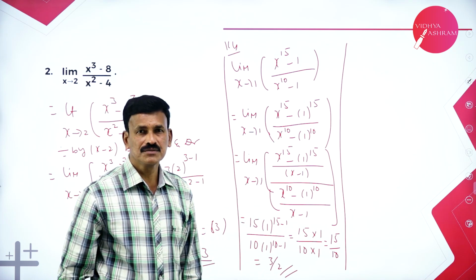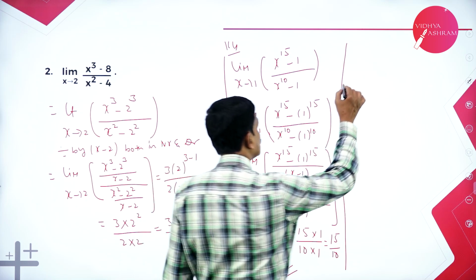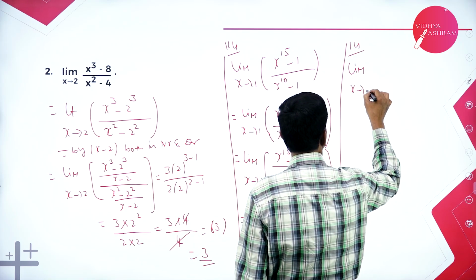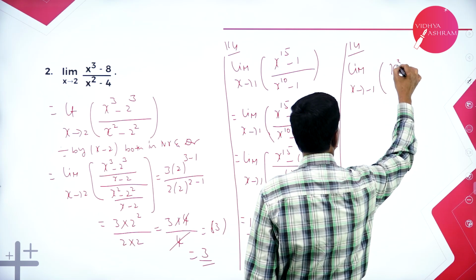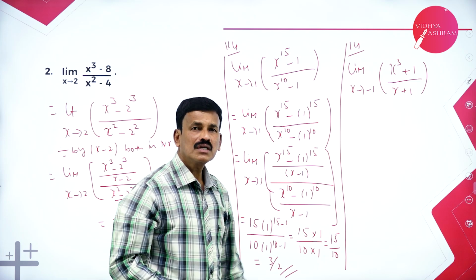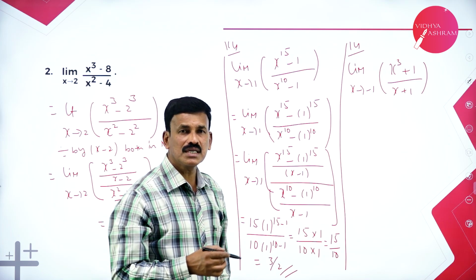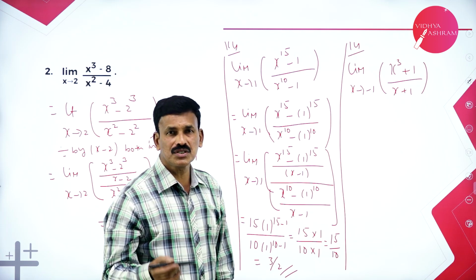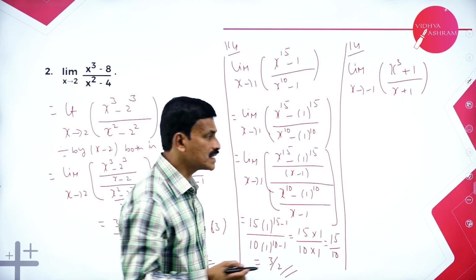That's it. Okay. Now suppose it is like this. Similarly, if it is limit x tends to minus 1 of (x cube plus 1) divided by (x plus 1). Now observe carefully, this is of the form x raised to n plus a raised to n. Now convert this into x raised to n minus a raised to n divided by x minus a.